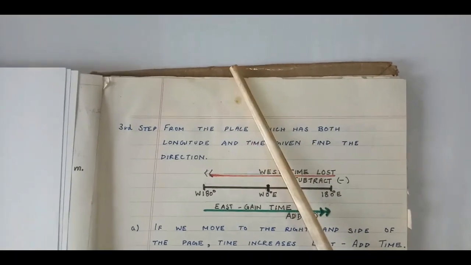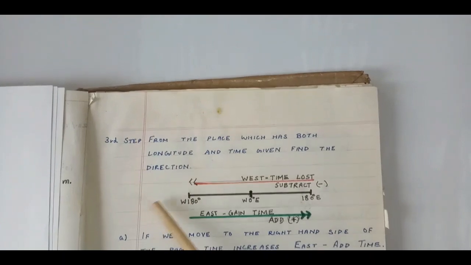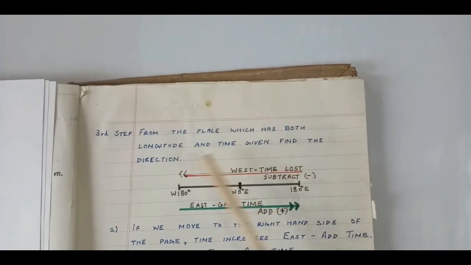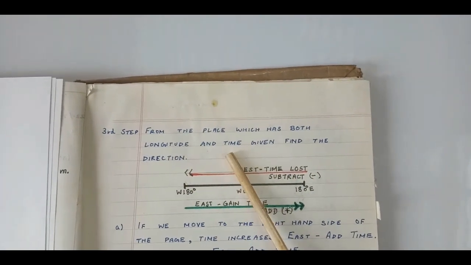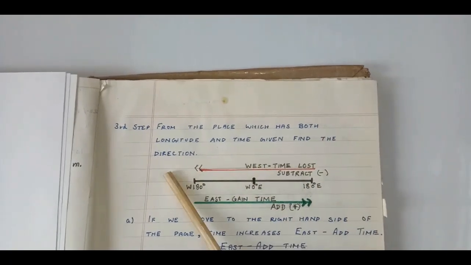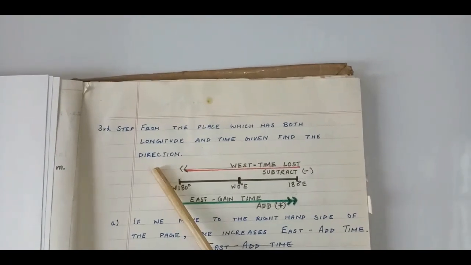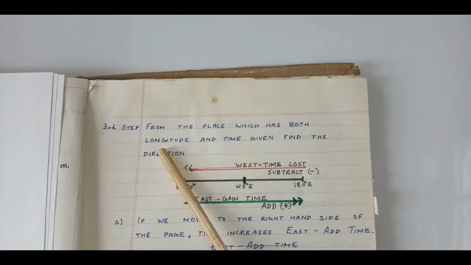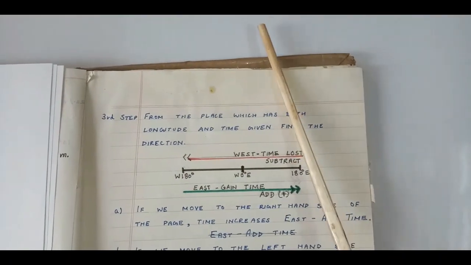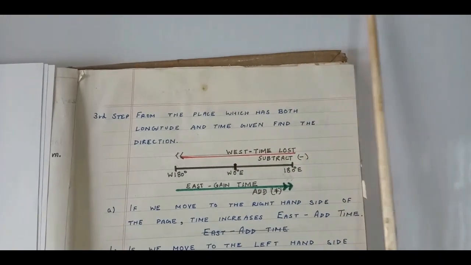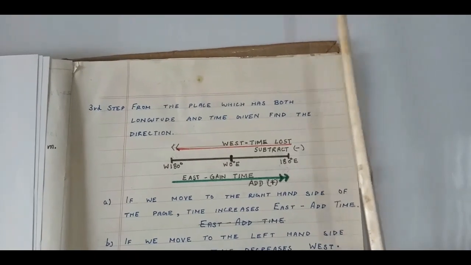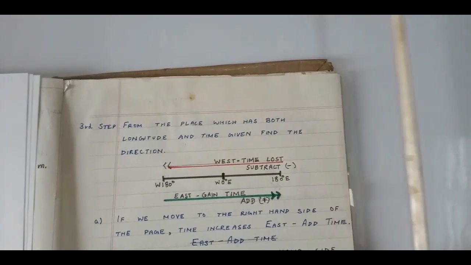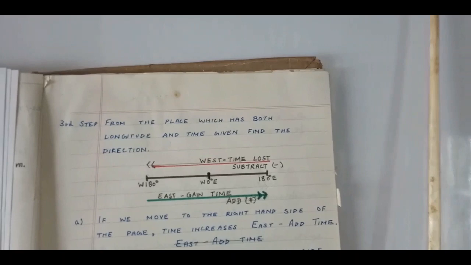Coming to the third step, from the place which has both longitudes and the time given, find the direction. In all the questions, two longitudes will be mentioned. Time of any one will be mentioned, and for the other you will have to find the time.